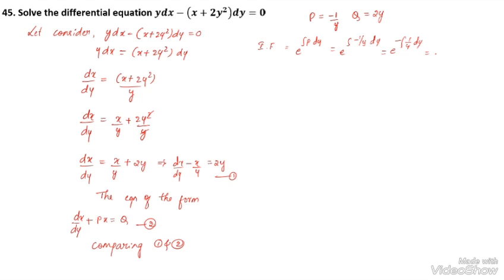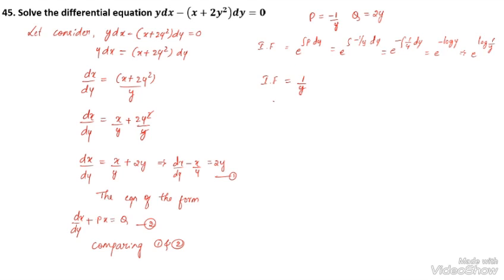It is e to the power minus log y. We know the result, e to the power of log y will be y. So directly I am taking the integrating factor is equals to 1 by y.